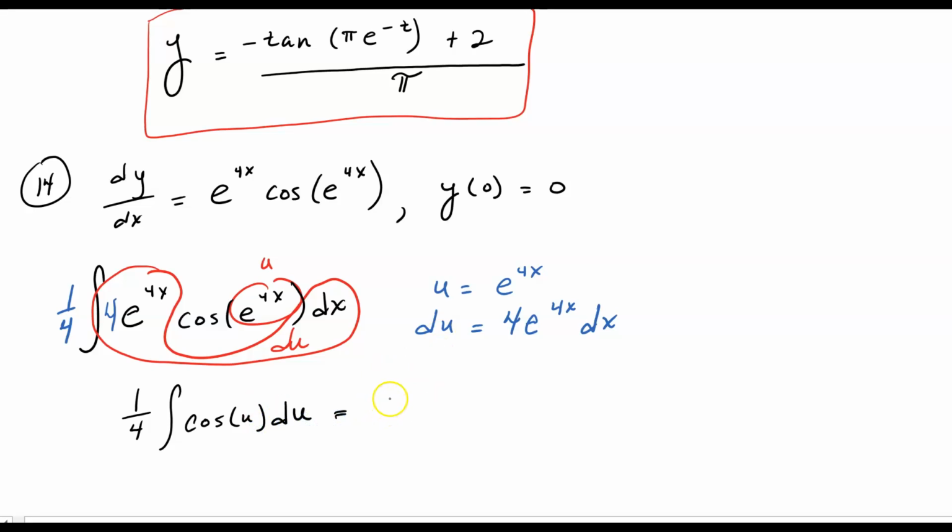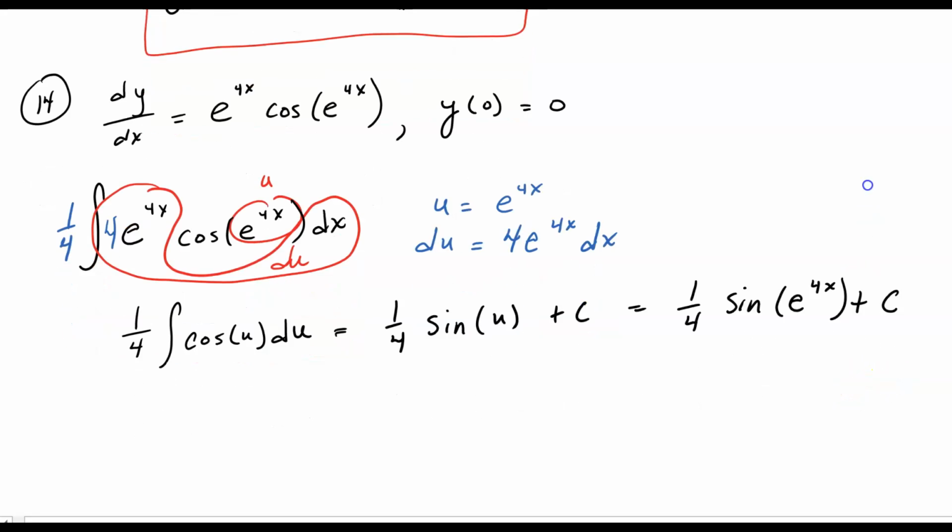Again, another straightforward integral, which gives me 1/4 of the sine of u plus c, which is 1/4 of the sine of e to the 4x plus c.